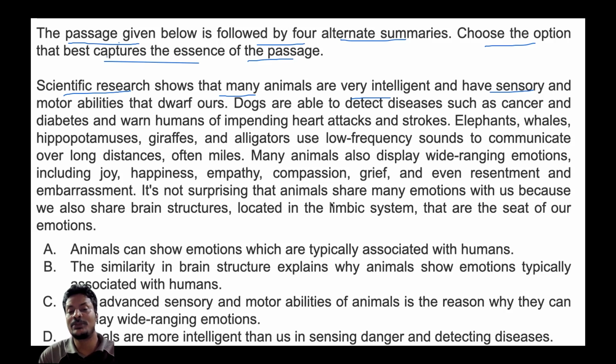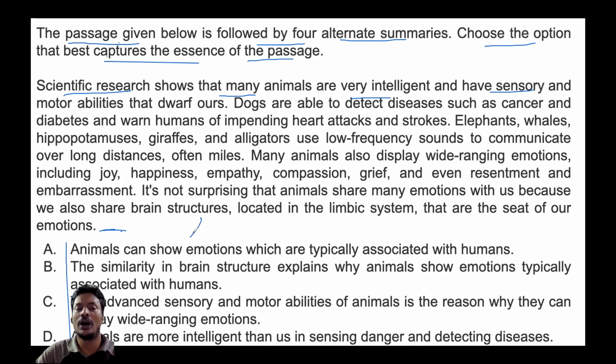It is not surprising that animals share many emotions with us, because we also share brain structures located in the limbic system, which is the seat of our emotions. Now, what do we find out when we go for such a paragraph?